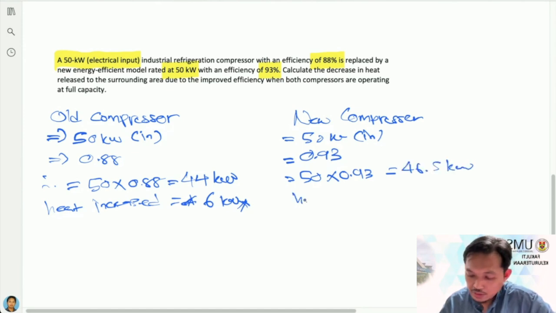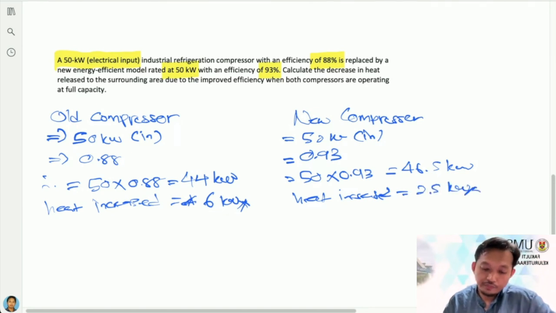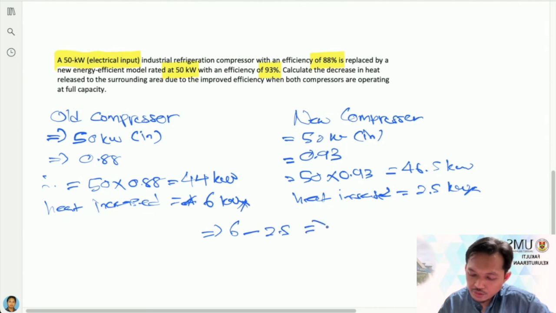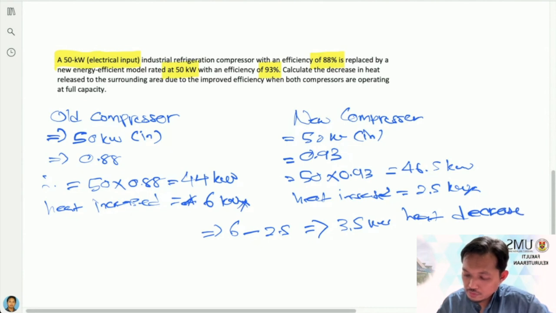So the heat increase is only 2.5 kilowatt. So the decrease in heat release to the surrounding is, you just simply do 6 minus 2.5, and you're going to get 3.5 kilowatt heat decrease.